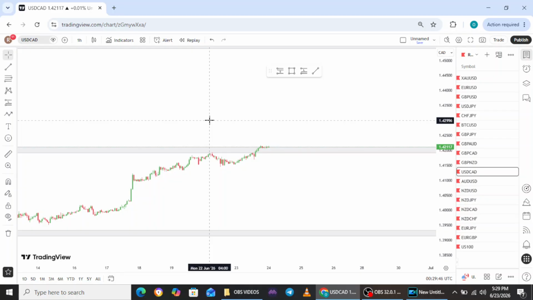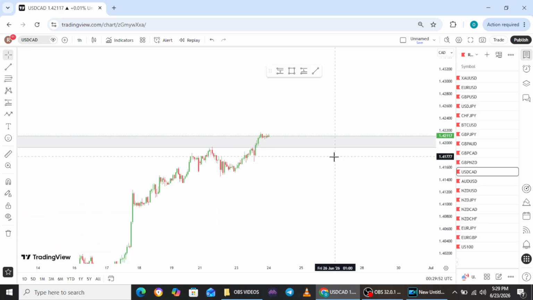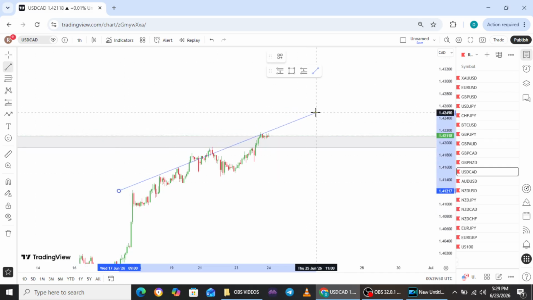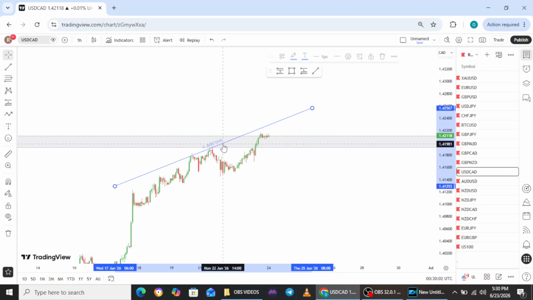So now, so many persons will be tempted to buy at this point, but please don't do that, because this is why you shouldn't. You cannot be buying from a trend line. This is like a trend line resistance. You cannot be buying from the resistance.